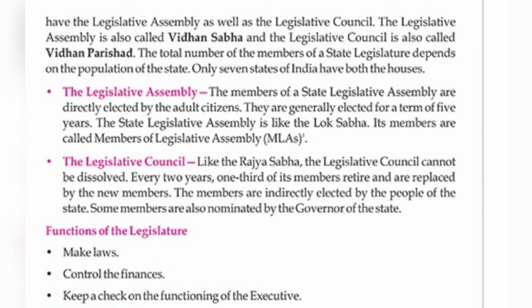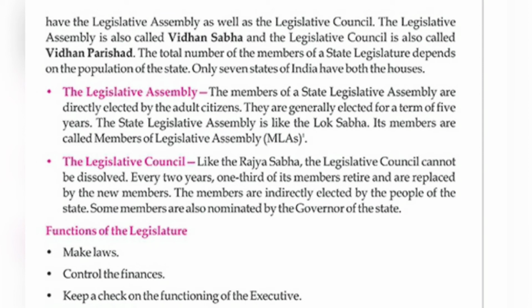The members of a state legislative assembly are directly elected by adult citizens, meaning a person who is 18 plus can elect the members of the legislative assembly.